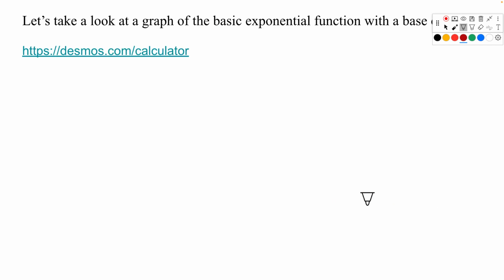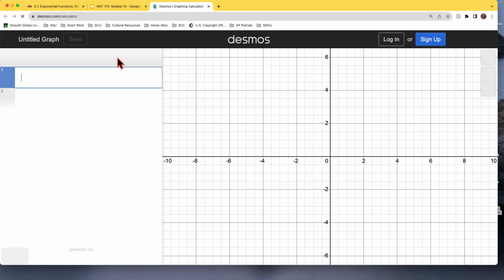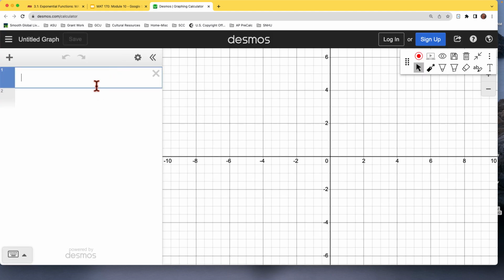Okay, so the limitations on the base, let's take a look at what they look like. And again, I like to use Desmos as an exploration tool because it's usually fast and easy.